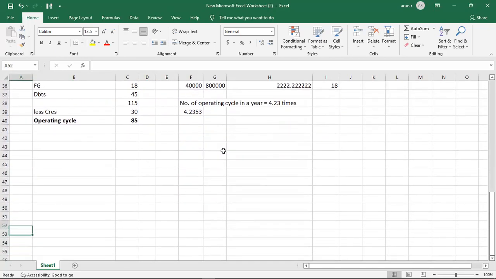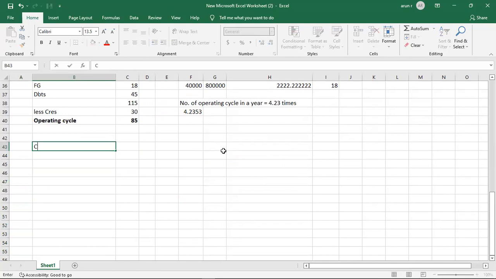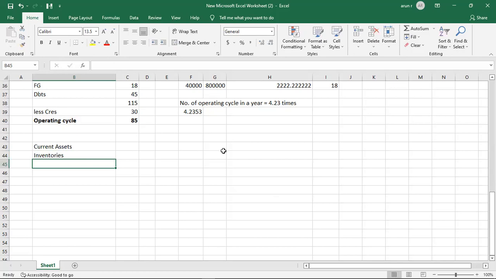Second sum. What are they asking? First, current assets. Inventories, raw material. How much is raw material?